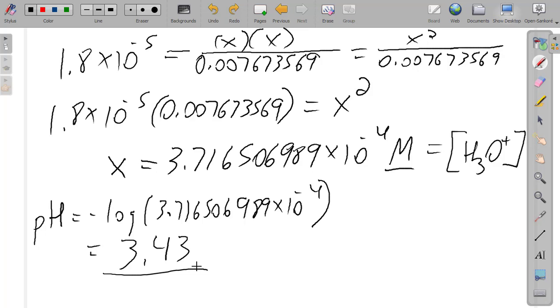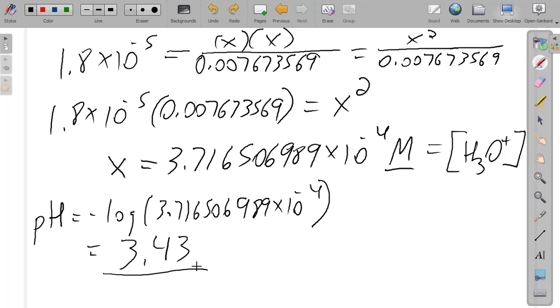And what I want to make a point of is between lecture problems 5 and 6, even though we used monoprotic acids for both, nitric acid in 5 and acetic acid in 6, you can see the real difference here. With the strong acid that had no equilibrium, it just completely dissociated. That gave us a pH of 2.12. But with 6, the acetic acid, even though it's the same amount in the same amount of solution, this dissociation was very limited, and that changed the pH, and its value is 3.43.